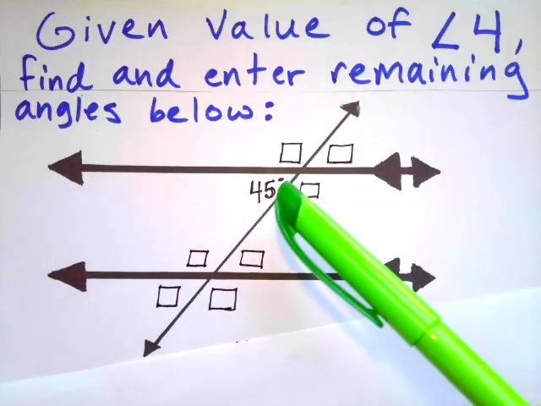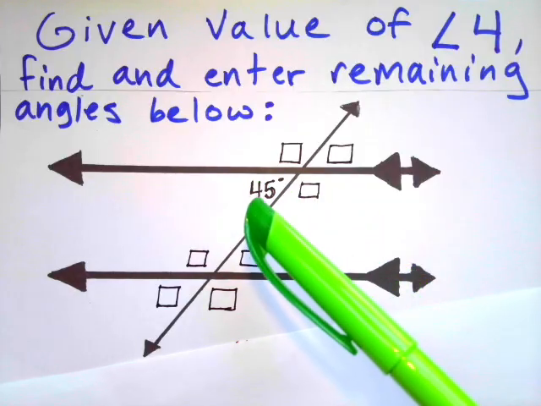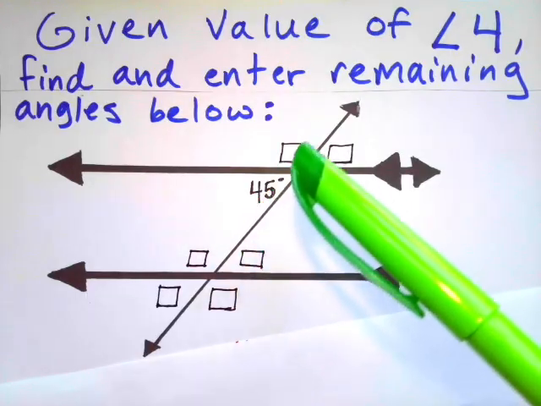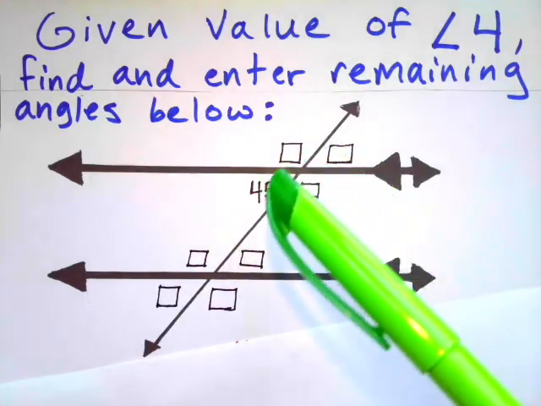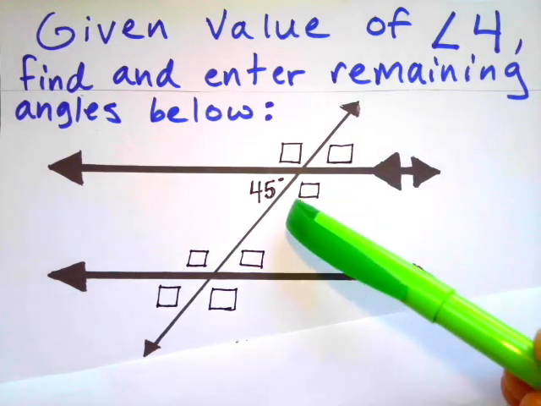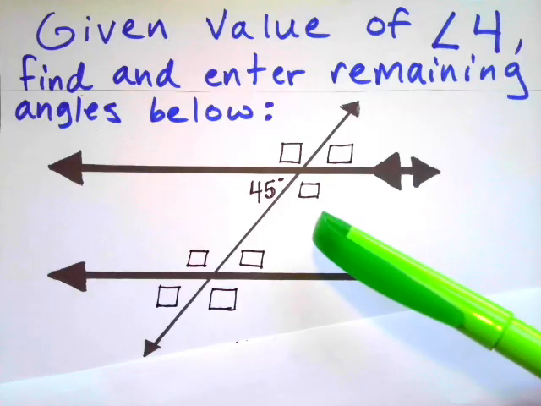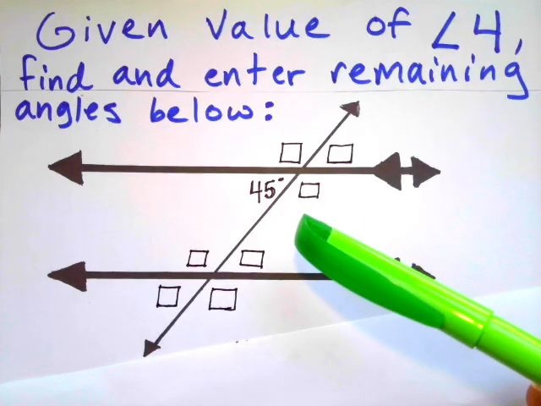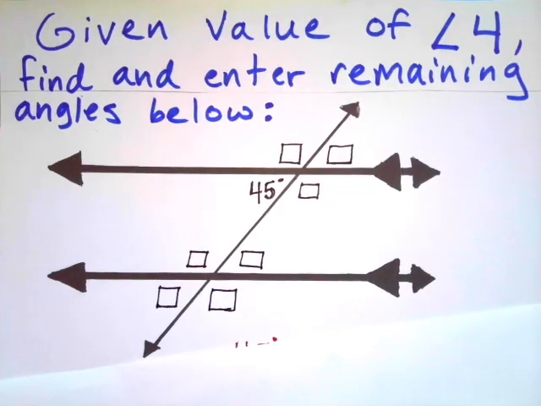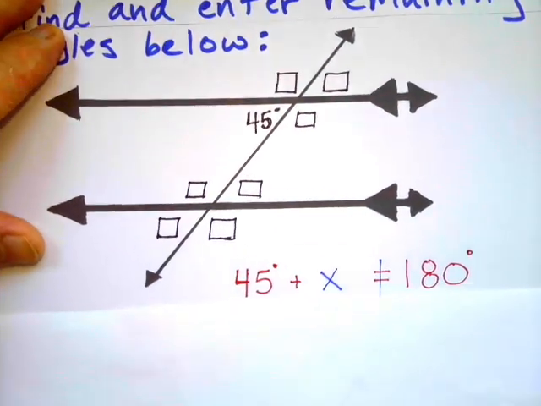They add up to 180 degrees. Just like 45 and this angle here, when you add them up, they would add up to a straight line, which is 180 degrees. That is my strategy. Once I know this angle here, through the congruencies that I've shown in past videos, it'll be crystal clear how to fill in the rest of these values. So let's go ahead and take a look.